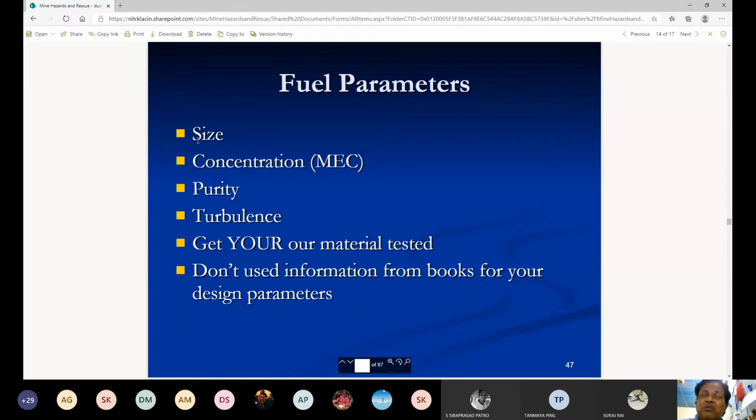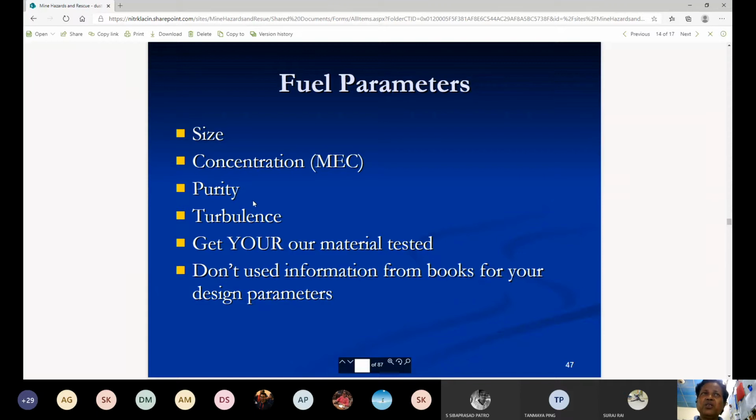So that is why the size of the dust particle is the first parameter necessary for the dust to become explosive in nature. Then second is dust concentration, the minimum explosive concentration of coal dust, and purity, whether the coal dust is only coal dust or it is associated with any other type of dust.